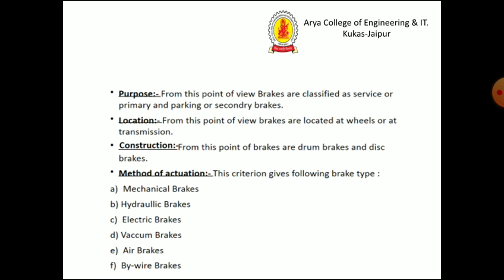From the point of view of location, brakes are located at the wheels or at the transmission system of the vehicle. By construction, they are drum brakes and disc brakes, and by method of actuation, they are mechanical brakes, hydraulic brakes, electric brakes, vacuum brakes, air brakes, and by-wire brakes.